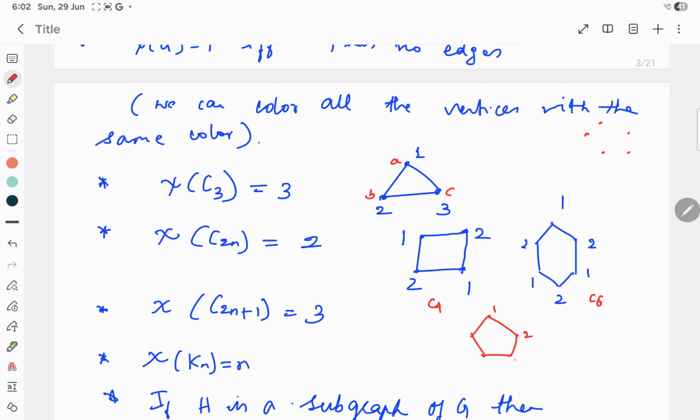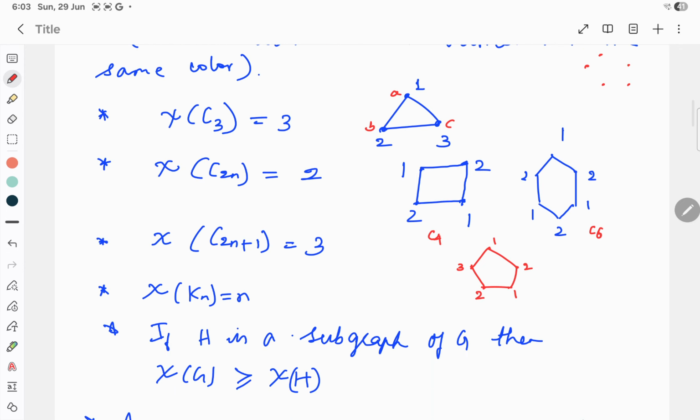The third vertex can be colored with 1 because there is no edge between this vertex and this vertex, and then the next vertex can take color 2, but the last vertex, the fifth vertex, is adjacent to both the first and the fourth vertices, so it cannot take either 1 or 2, it should be 3, and therefore the chromatic number of an odd cycle is 3.